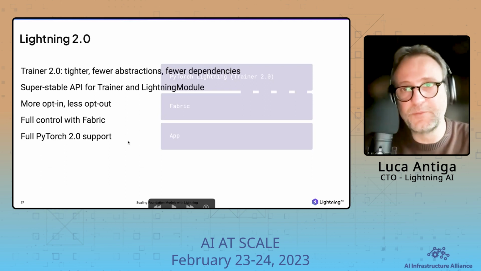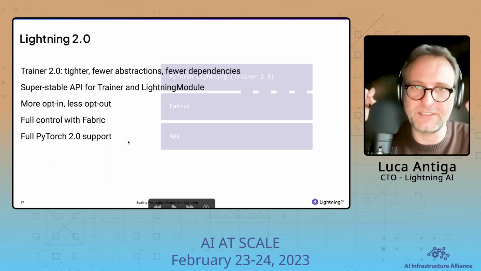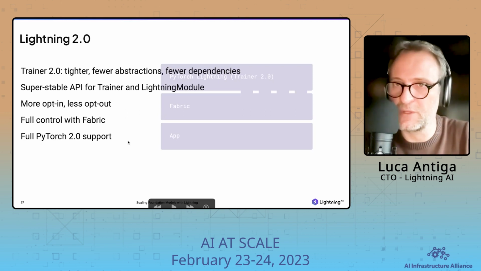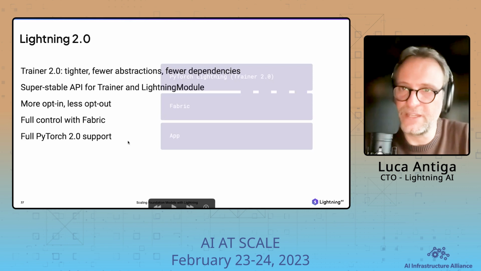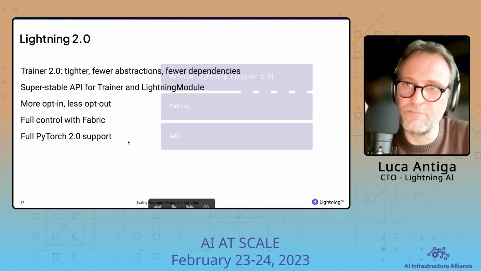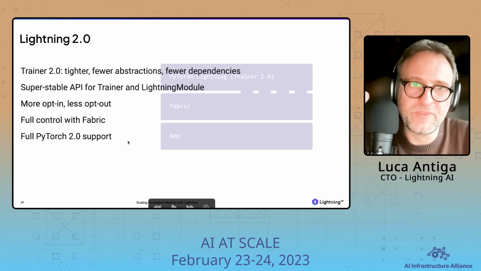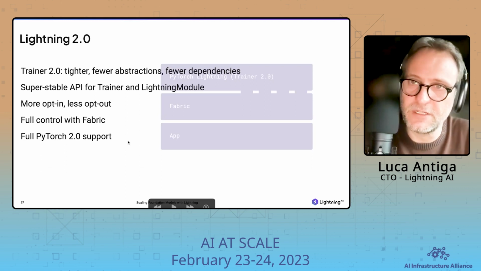But with Trainer 2.0, we want to make that API as stable as possible, because we had the time to perfect it in the 1.x series. So we're making the commitment that we won't be changing the API as much as possible. We're doing things more opt-in and less opt-out.